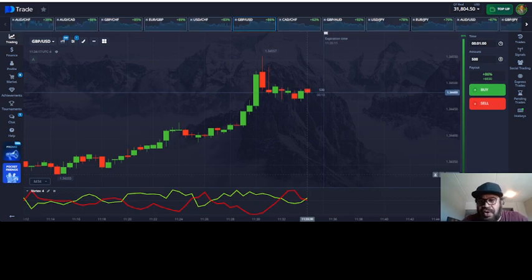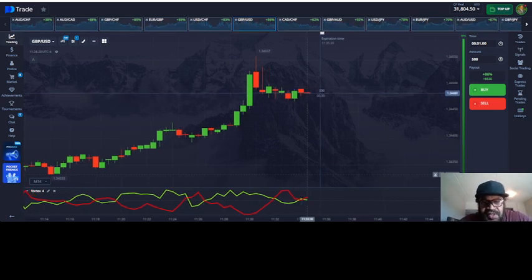I also wanted to make note that I've been risking less than 1% of my capital here. The idea is you want to grow your account slowly. If you risk high percentages of your capital, that can lead to losses. That can lead to big losses as well.